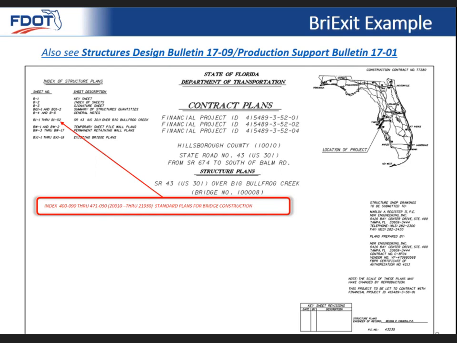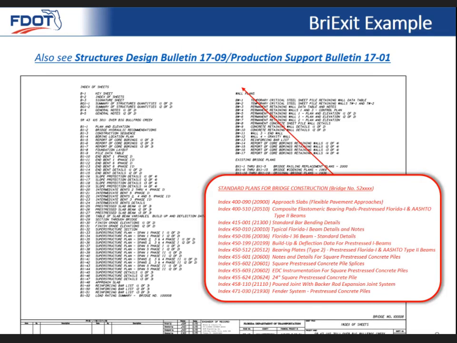So this would be the case where you had a generic or overview cover sheet without the full index, and then there would be a separate index of sheets. And we are putting these standard plans for bridge construction directly behind each bridge number.